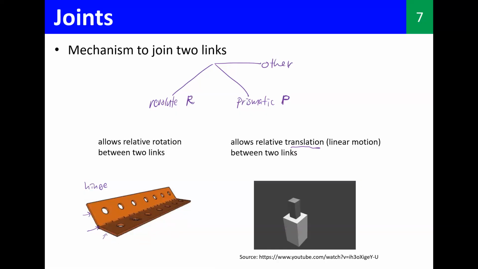If we put three revolute joints at the same location, then we can actually have this orientation change in any direction, right? So we will only discuss these two main types of joints, because any other joint, as I mentioned earlier, can be created using them. Okay, so we'll move on.